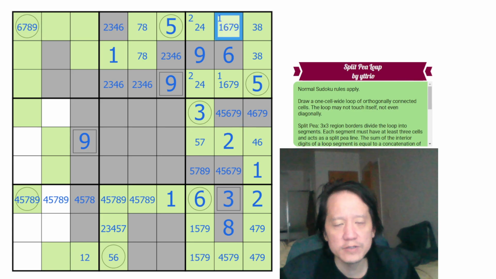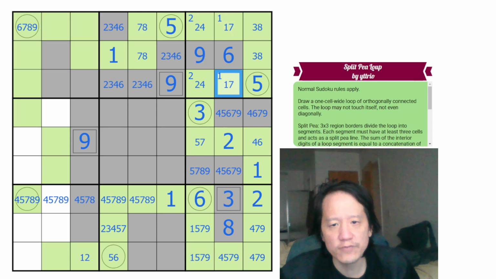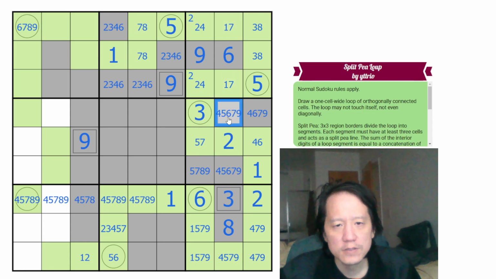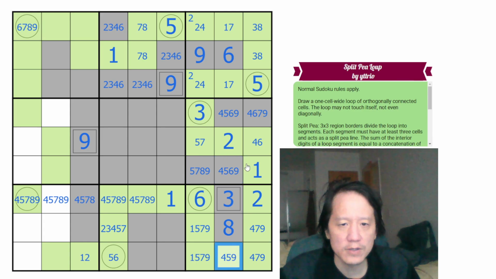This cannot be 6 or 9, so this is 1, 7 pair. So 7 cannot be here. 7 cannot be here. 7 cannot be here. So 6 has to be one of these two. 6 cannot be here. Therefore, 6 is one of those two.